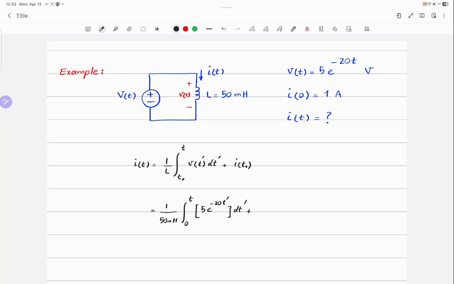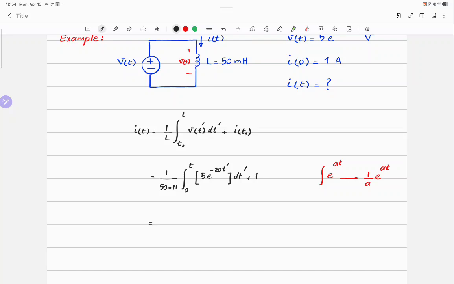What is the initial value? 1 amp. So if you don't know this, what is the integral of e to the power of at? 1 over a, e to the power of at.